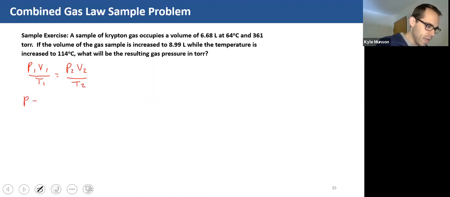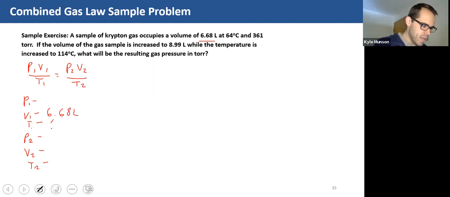And let's write down what we have. It has an initial volume of 6.68 liters, excuse me, I think I said 9, at 64 degrees Celsius and 361 torr as our P1.